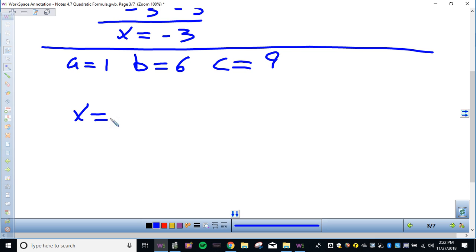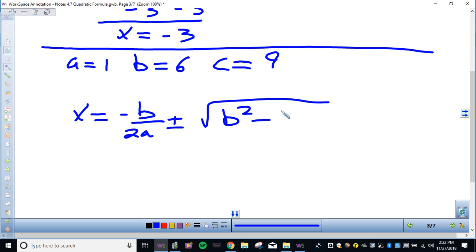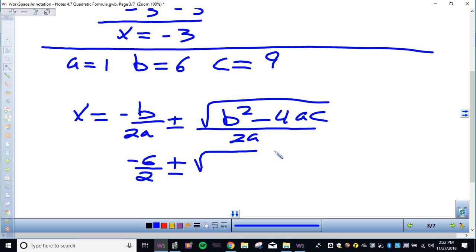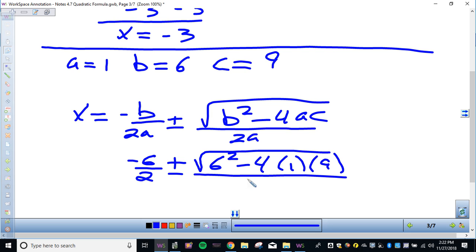x equals negative b over 2a plus or minus the square root of b squared minus 4ac, over 2a. And then plug that in. So we get negative 6 over 2, plus or minus the square root of 6 squared minus 4 times 1 times 9, over 2.